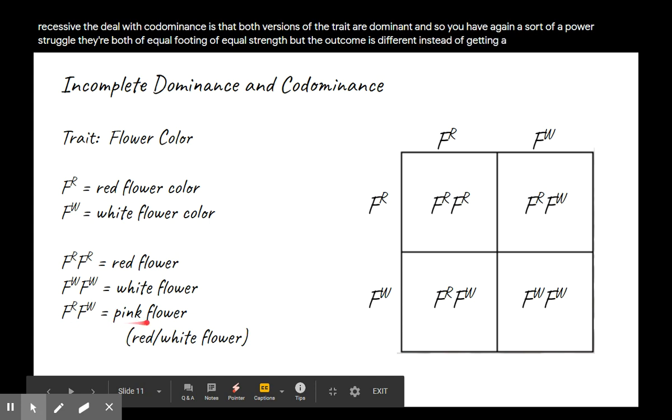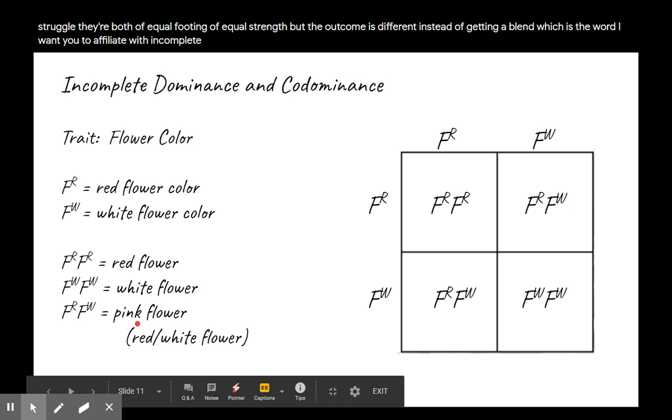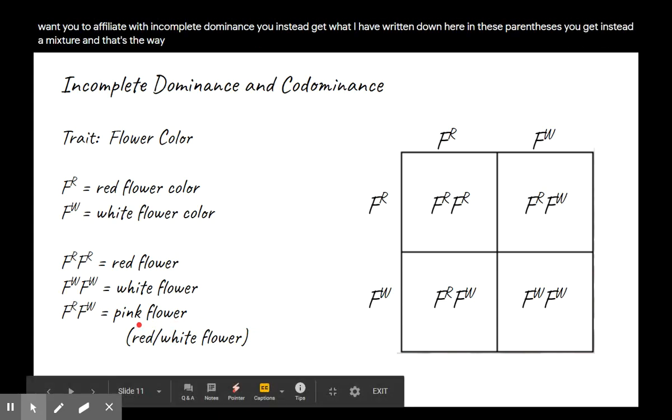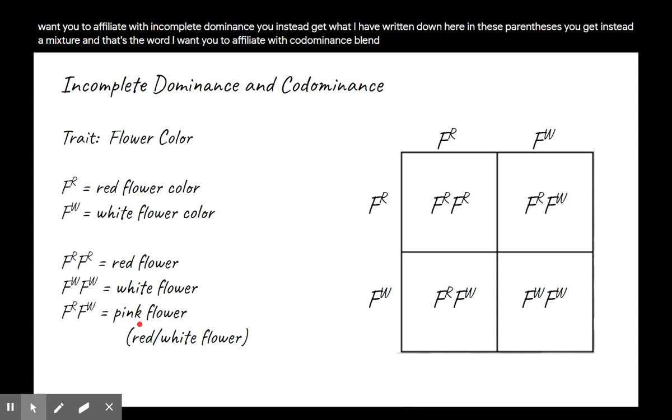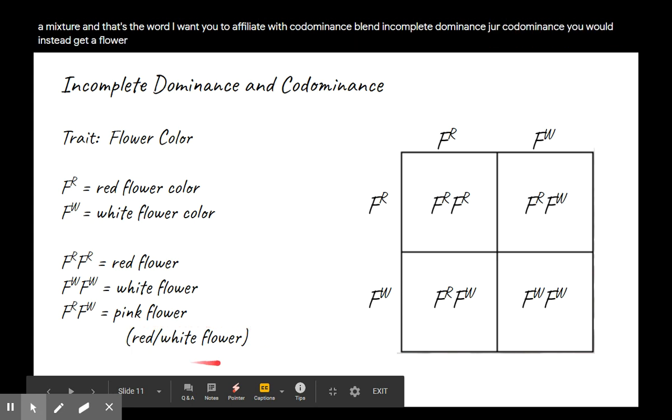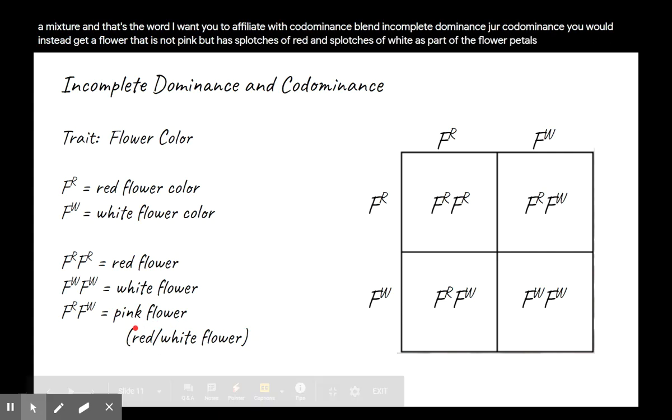Instead of getting a blend, which is the word I want you to associate with incomplete dominance, you instead get what I have written down here in these parentheses. You get instead a mixture. And that's the word I want you to associate with codominance. Blend, incomplete dominance. Mixture, codominance. You would instead get a flower that is not pink, but has splotches of red and splotches of white as part of the flower petals.